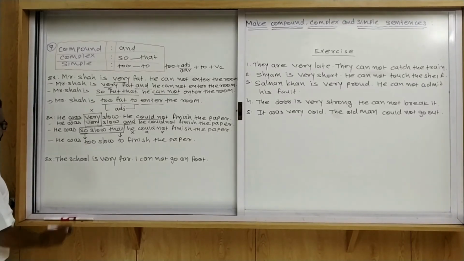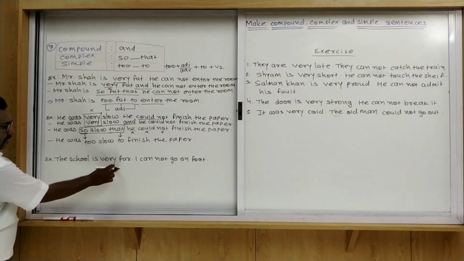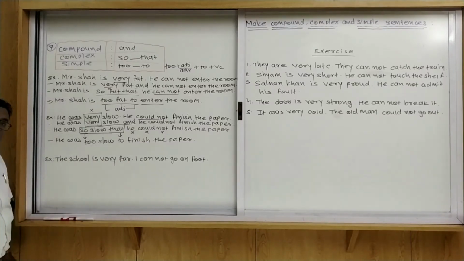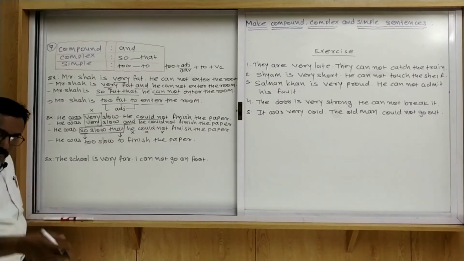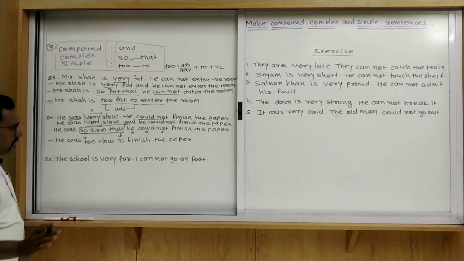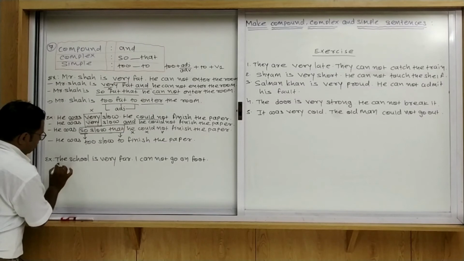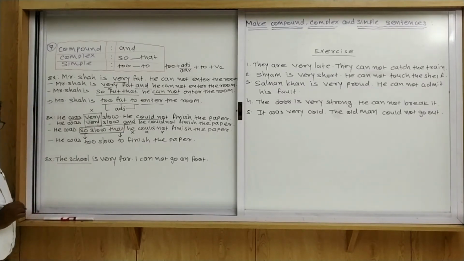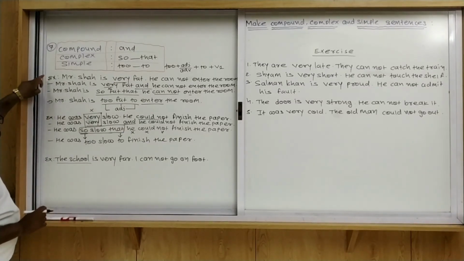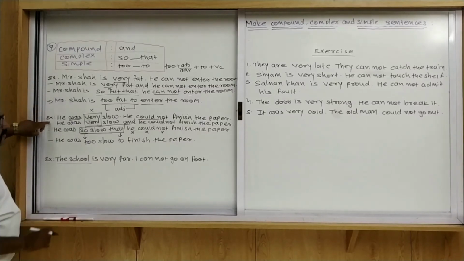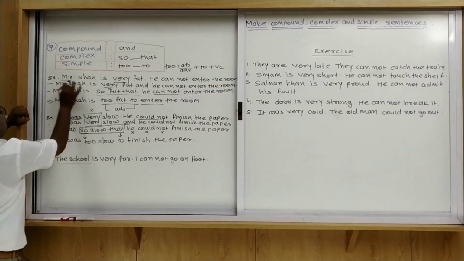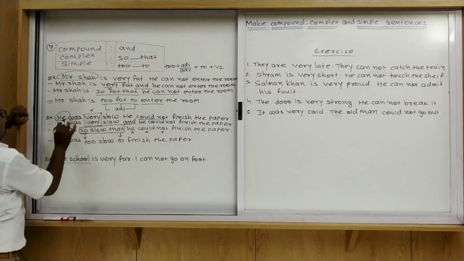Now the next. The school is very far. I cannot go on foot. So here in the first sentence you can see that the subject is not given. Look at the first example and second example. There is a subject here, Mr. Shah and he.